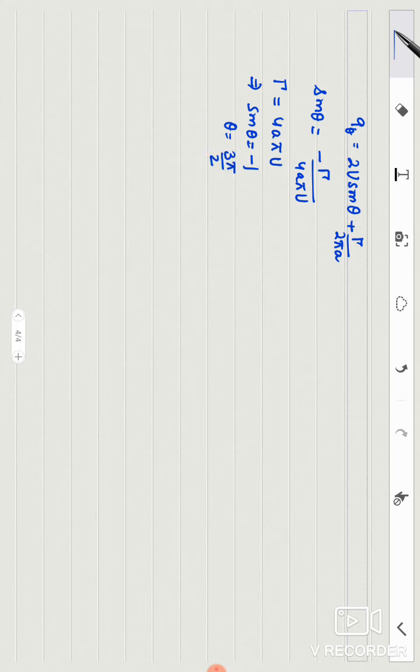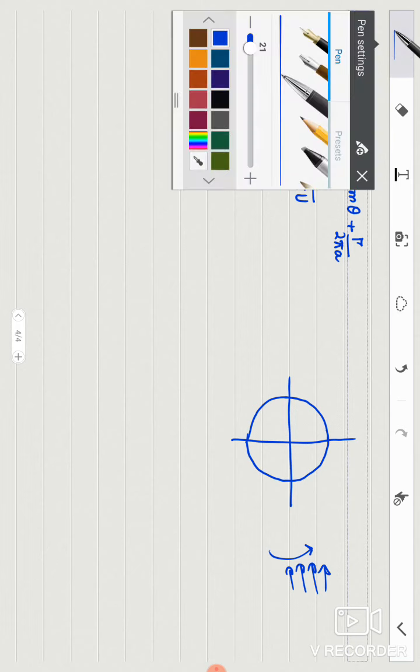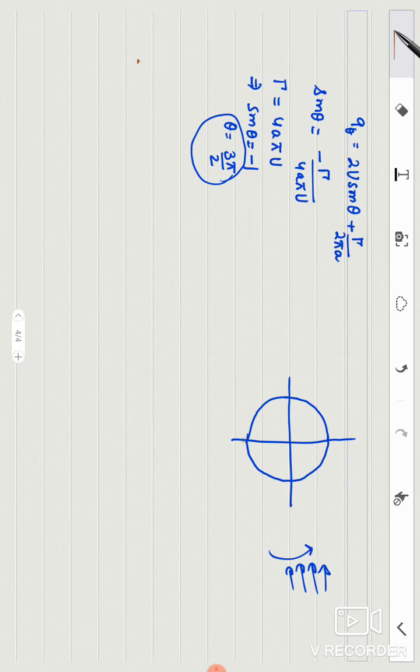Now what happens? Look. This was your cylinder. Your fluid was moving like this together with circulation. Now this theta is equal to 3 pi by 2, still on the cylinder because it is the permissible value. So this is the stagnation point, and this is the stagnation stream.